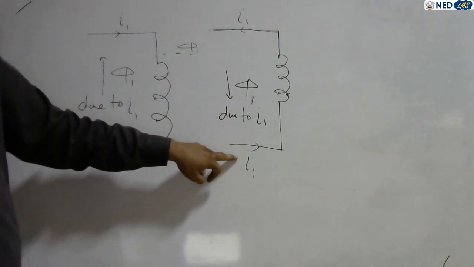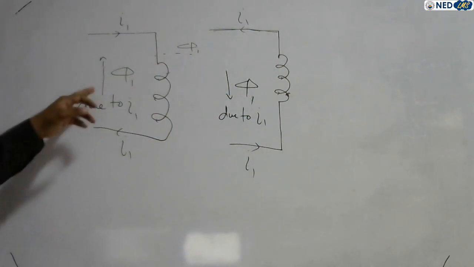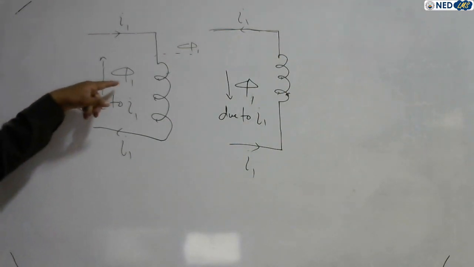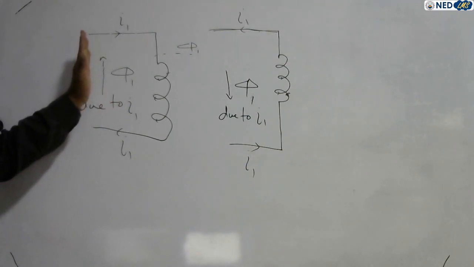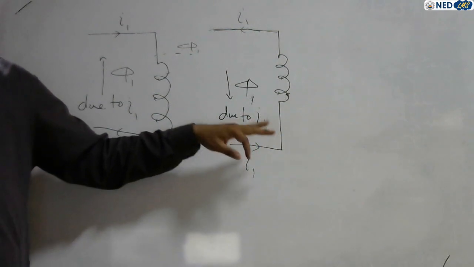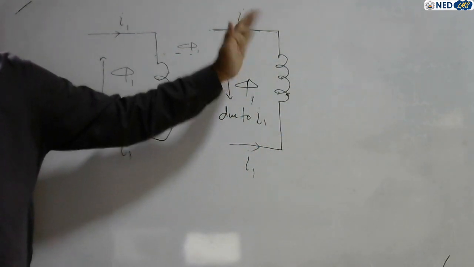In both cases, note the direction of magnetic flux lines. In this case, the magnetic flux lines are upward, current is downward. In the other case, the current is upward, while the magnetic flux lines are downward.